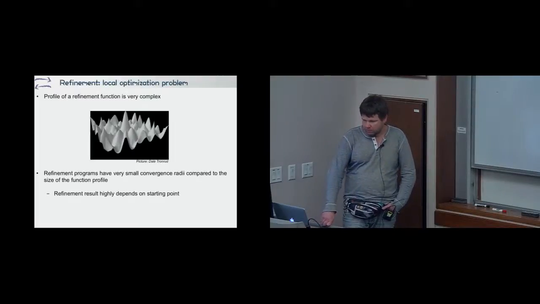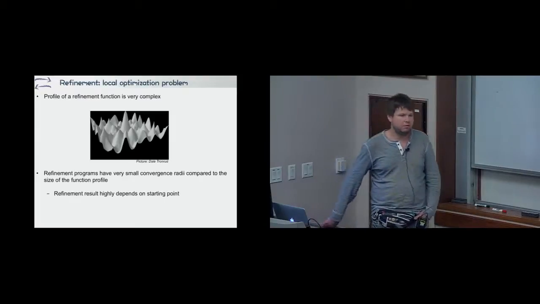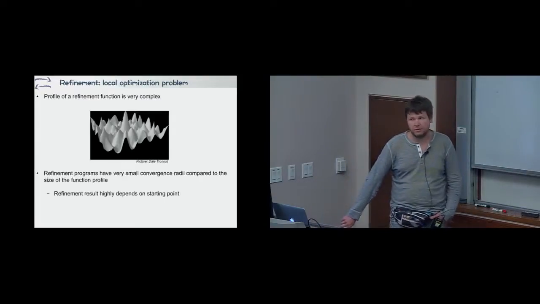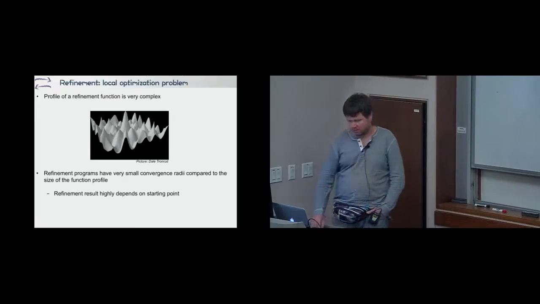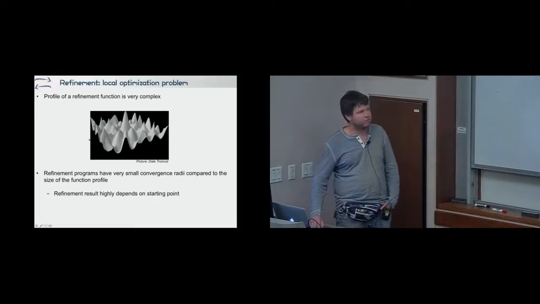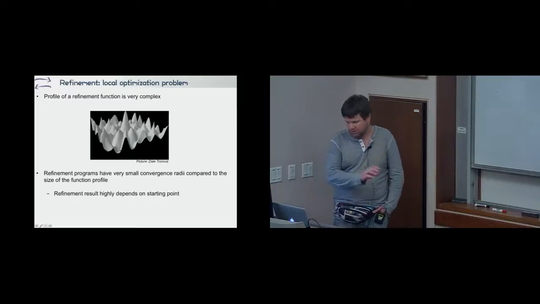What I also wanted to mention is that in general, refinement is a local optimization method with a rather small convergence radius, because the target function profile is very complex. Typically if we end up somewhere here and we do refinement, it's very unlikely to jump somewhere far away from here. We'll basically roll down to the closest minimum.